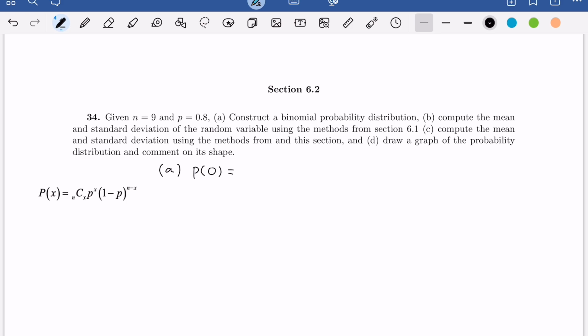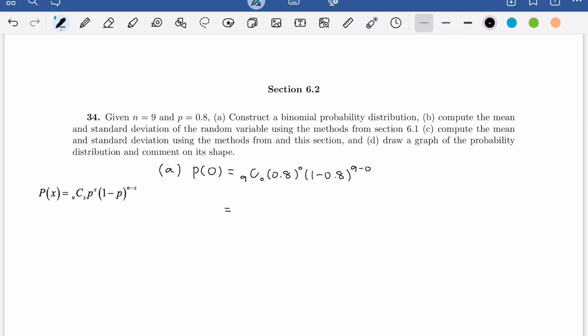We want to find the probability that x is equal to 0. It's going to be given by this here. We're just plugging in our known information and simplifying. We know that this is our combination, 9 choose 0. So we have 9 trials and we're going to choose 0 of them.